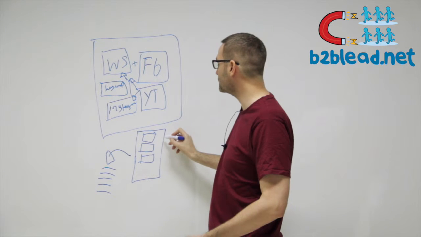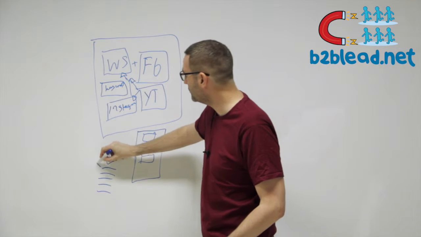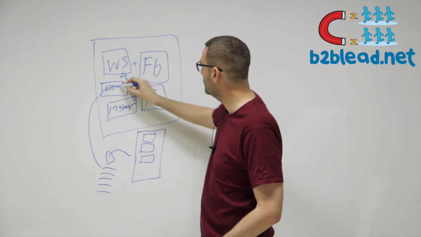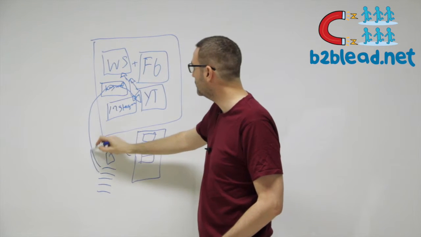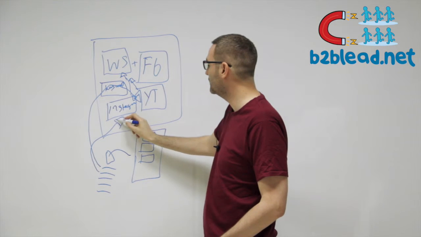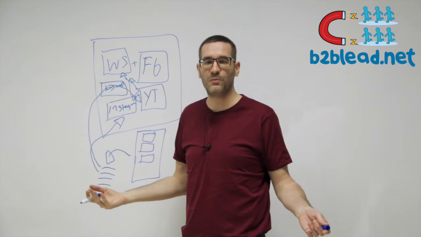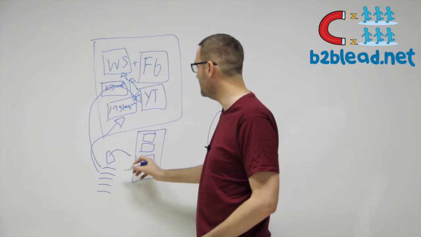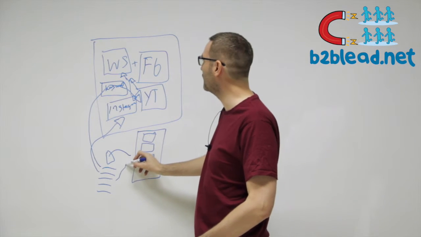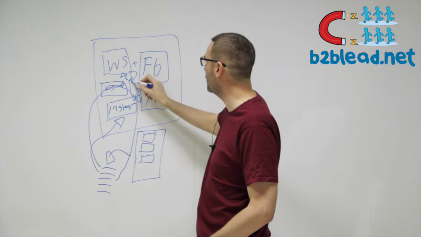Maybe on email one, you'll send them to YouTube to check out a video. Maybe on email two, you'll send them to your Instagram page to see your daily work day and what you've been doing at work. Maybe email four, you'll take them to your website to check out a blog.